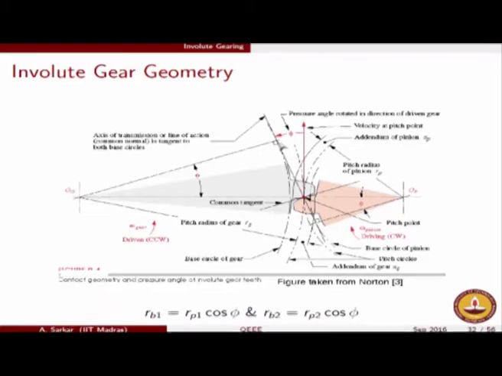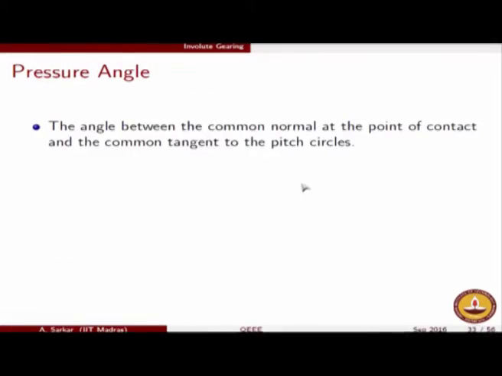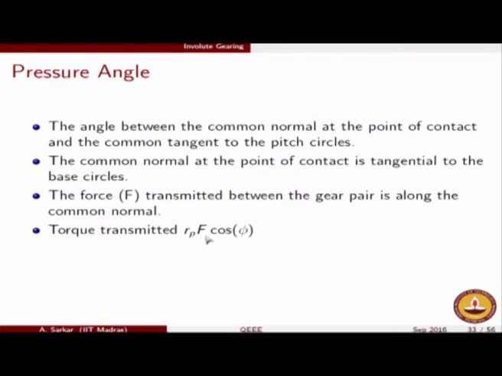The torque comes only from the vertical component. So, the cos phi component of the force transmitted is responsible for the torque. The torque is pitch circle radius times F cos phi. In other words, since RP cos phi is the base circle radius, this is also equal to force times the base circle radius.